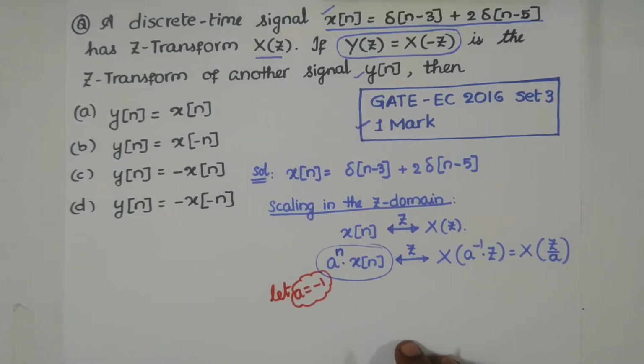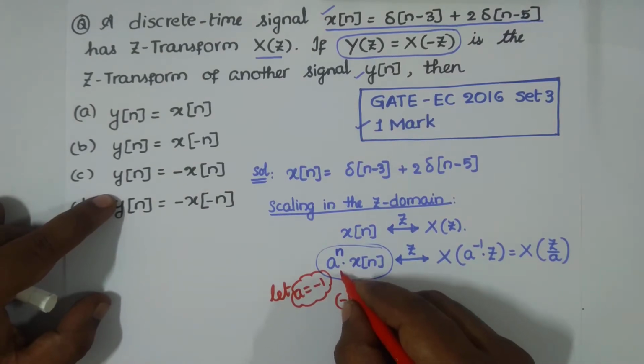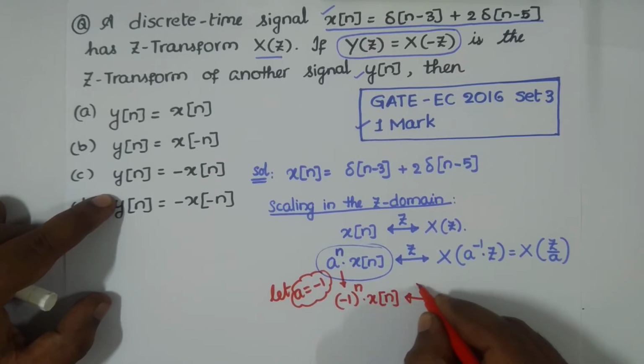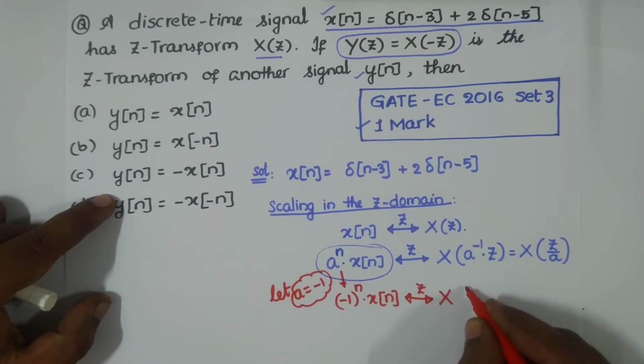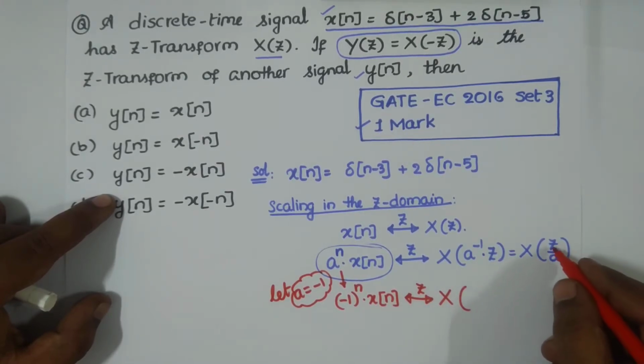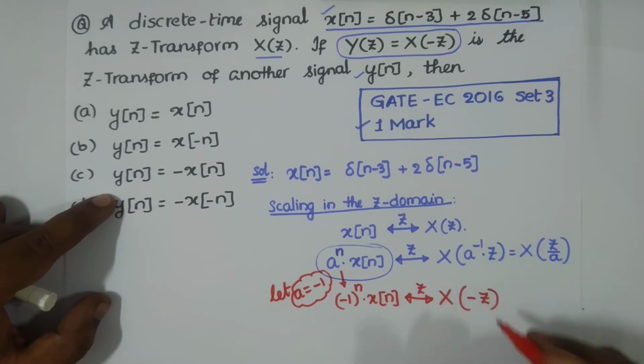So this time domain quantity, this is a power n, right? So minus 1 power n x of n, its Z transform is X of what now? z by minus 1, since a is equal to minus 1, so this becomes X of minus z.